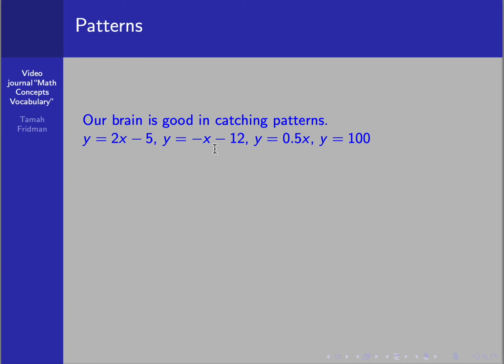Do you recognize that that would be an equation of a line on the xy plane, right? So how does the pattern go there? Each of these equations would denote a different line, right?